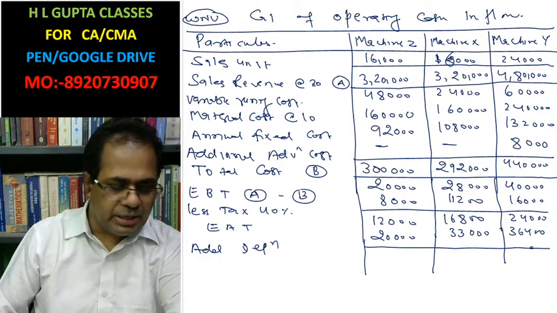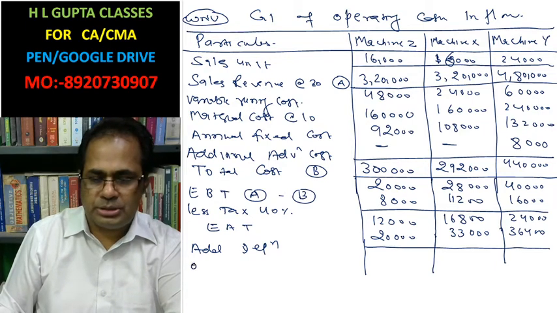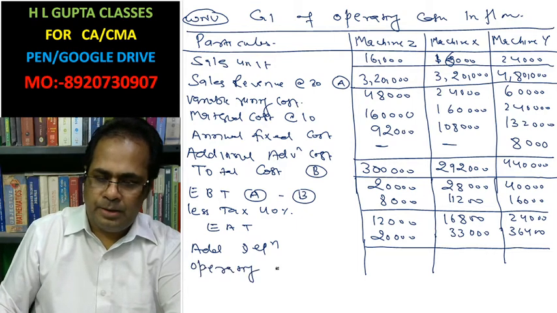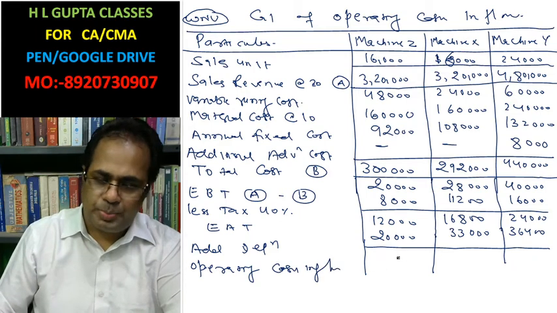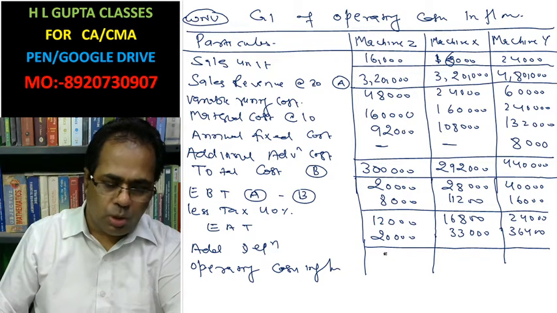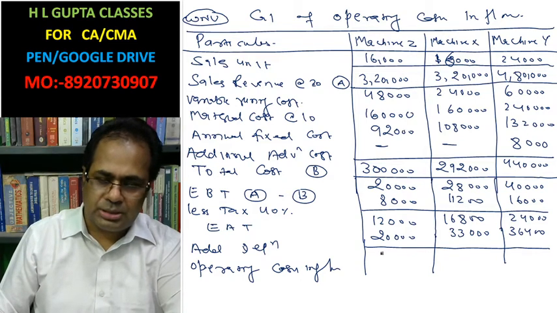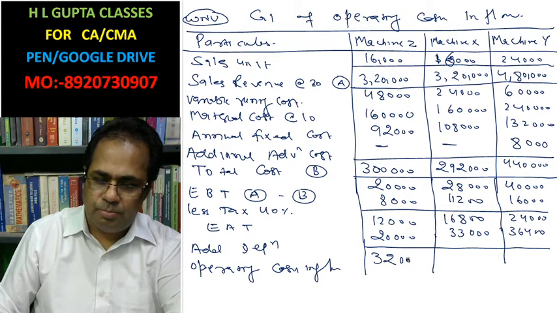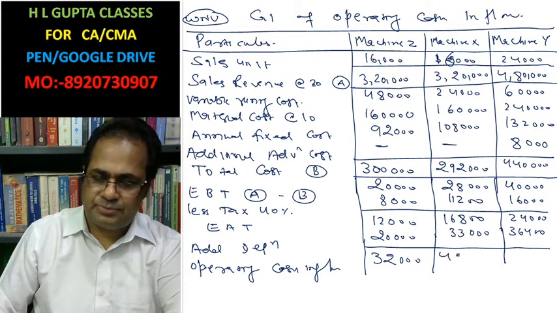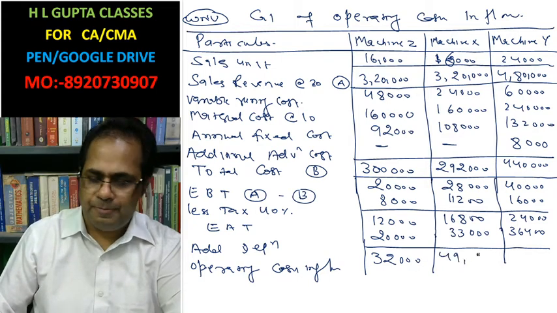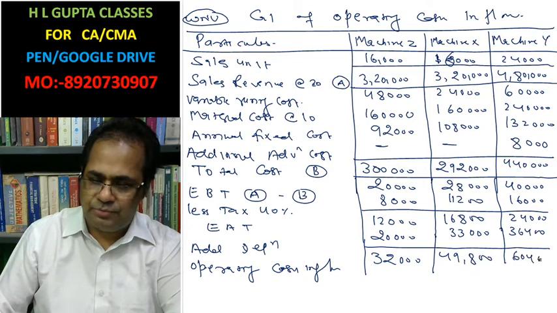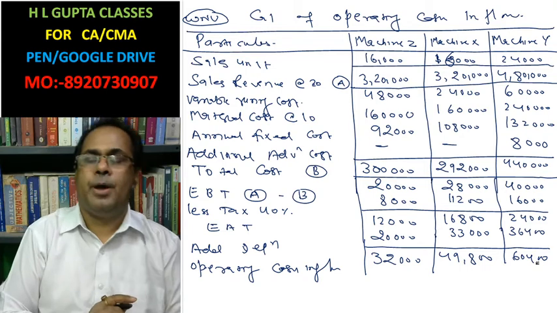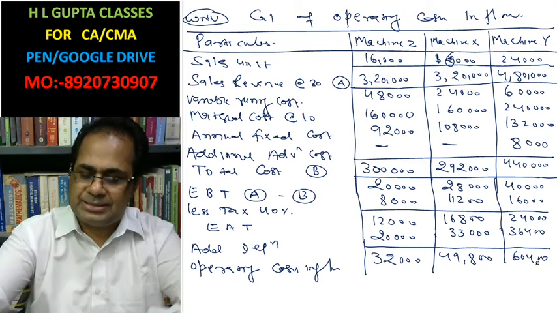This is operating cash inflow. Operating cash inflow is rupees 12,000, this is 32,000, this is 49,800, this is 60,400. Now we have to calculate terminal cash inflow.